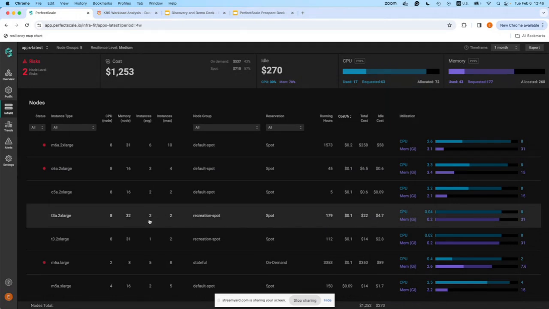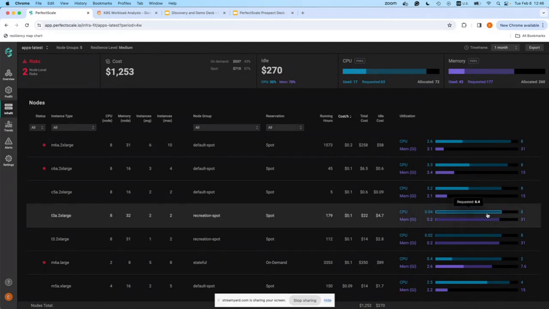And let's look into this example of a machine. We have two machines running with 8 cores and 32 gig of memory, so 16 and 64 combined. And this is the request that they hold.